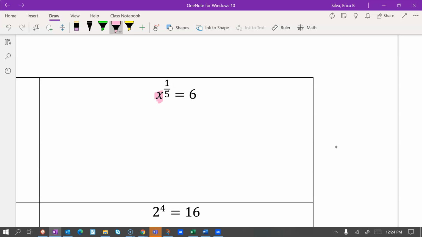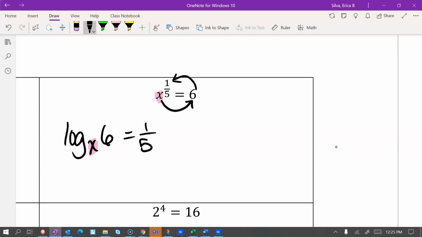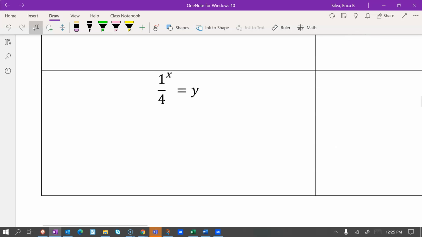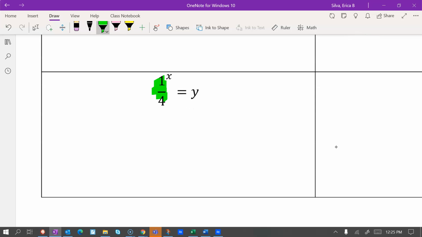Identify your base. So it's log base x of 6 is equal to 1/5. Let's go on to the next example. Identify your base is 1/4.